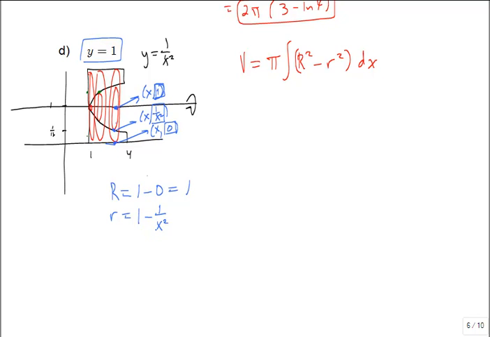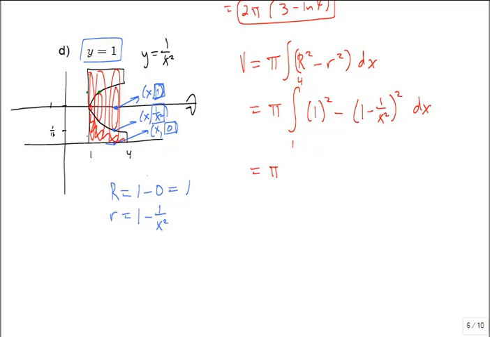So that's our little r. So my volume integral becomes pi times the integral of big R, which is just 1, squared, minus little r squared dx. And these are the bounds for x, and x ranges in this interval from 1 to 4.